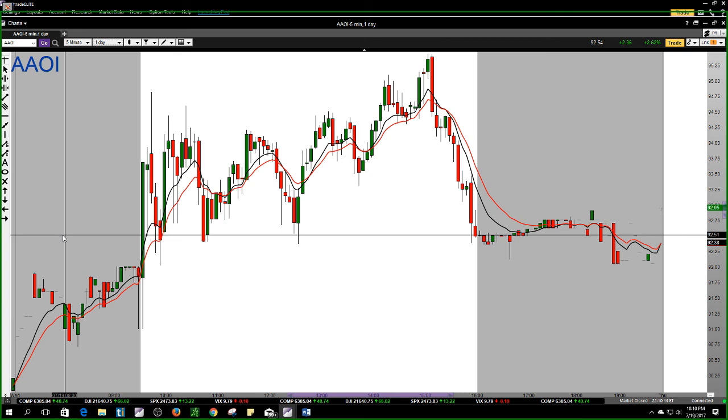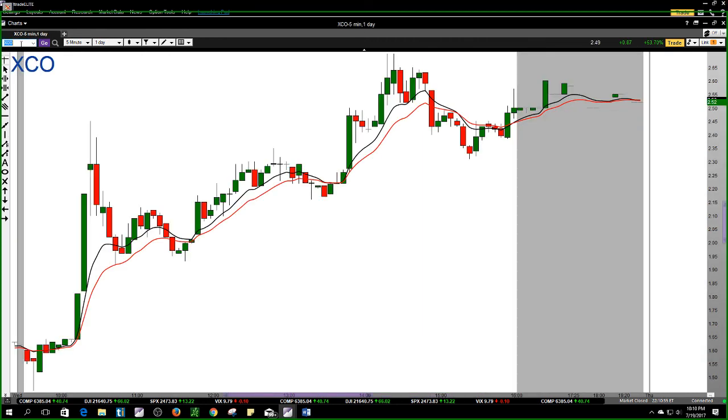I try to get things that can give me bigger upside potential, like when I did XCO today, for example. I got out of the trade only because I had to, but the 813 crossover just gets me in the trade long enough to make it work.